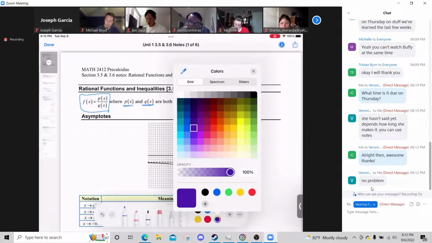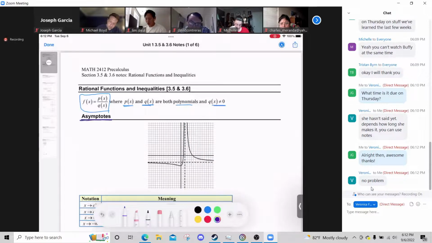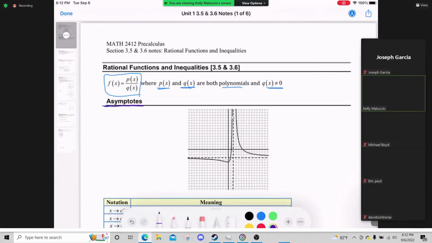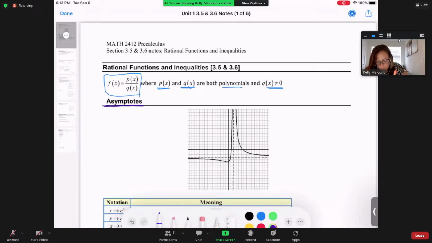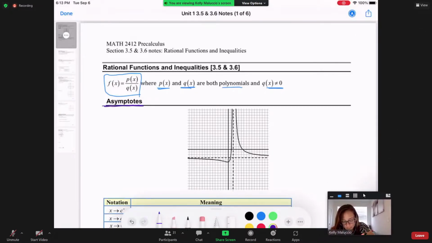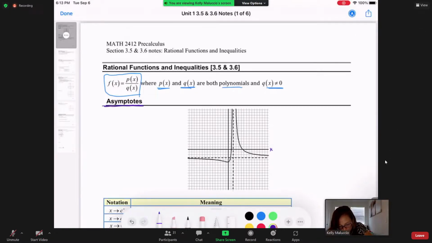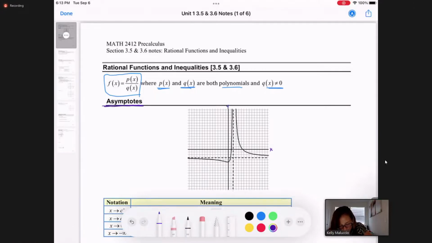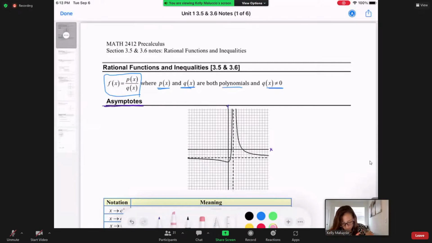Okay. So first things first, when we have a rational function, we have what's called asymptotes, right? So we have a vertical asymptote and a horizontal asymptote. And looking at this graph, maybe I'll label the X and Y axis, and the dotted lines, right, are the horizontal and vertical asymptotes.